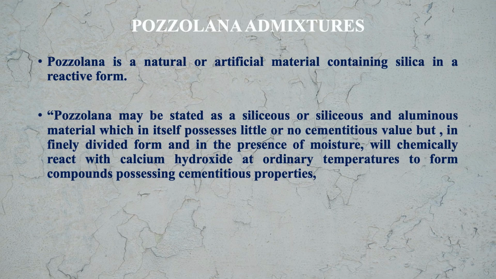If we define pozzolana as per our IS code 3812, then pozzolana may be stated as a siliceous and aluminous material which in itself possesses little or no cementitious value, but in finely divided form and in the presence of moisture will chemically react with calcium hydroxide at ordinary temperature to form compounds possessing cementitious properties.